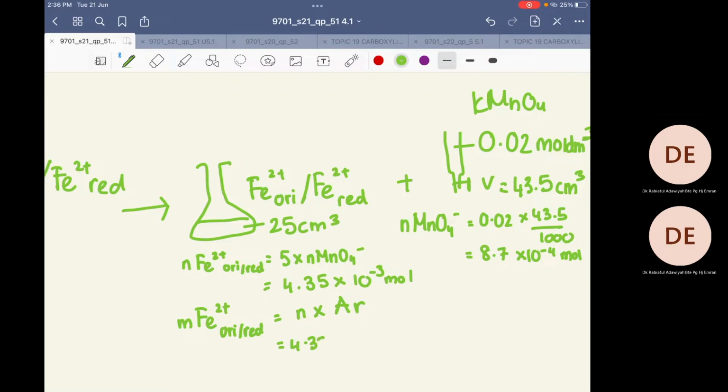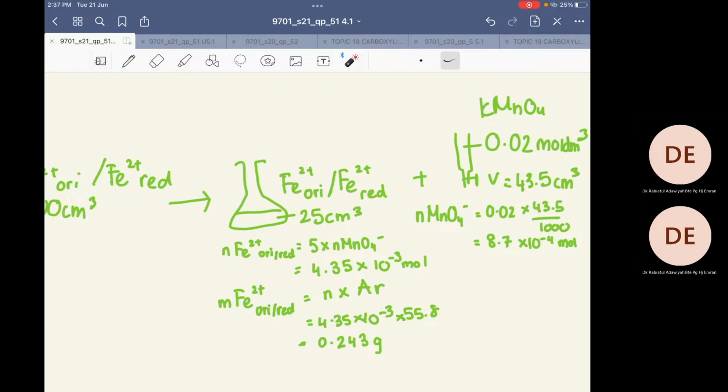So 4.35 times 10 to the power of minus 3 times 55.8, which is, minus 3 times 55.8. Did you get 0.243 grams? Not the final answer yet. 0.243 grams for this part, okay?